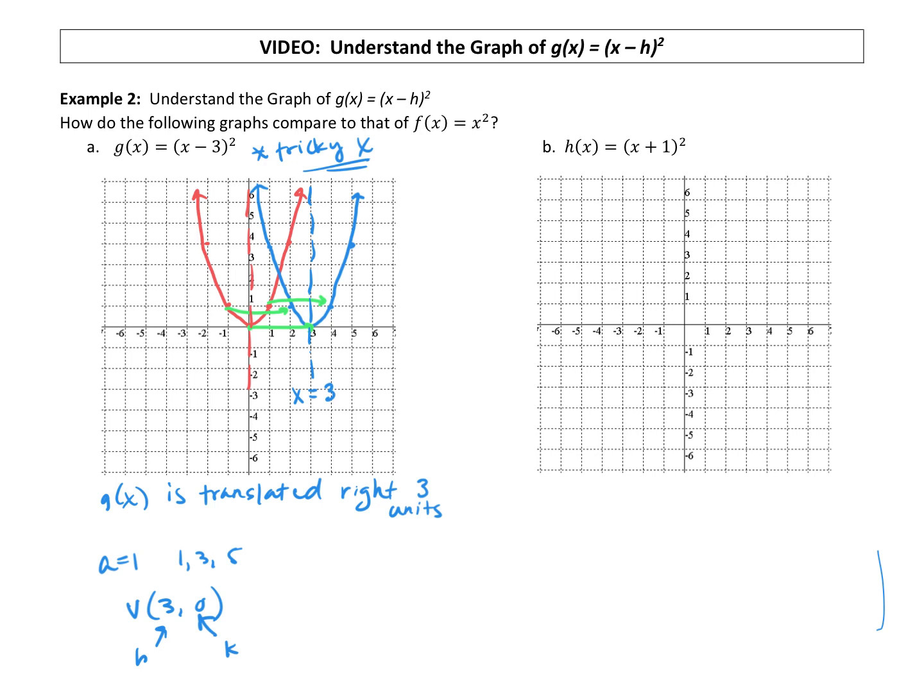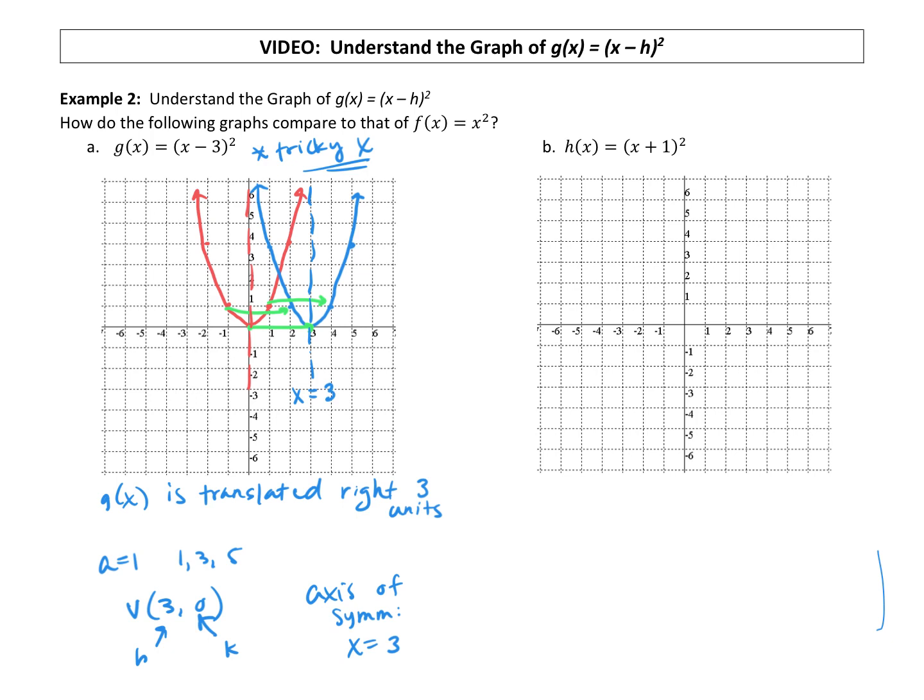And so remember in our definition video, our vocab video, we said the axis of symmetry was at x equals whatever your h value is. It's always going to be the x coordinate of your vertex. So our axis of symmetry is x equals 3. So that will change with a horizontal translation.